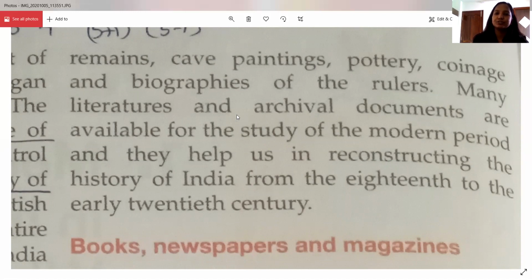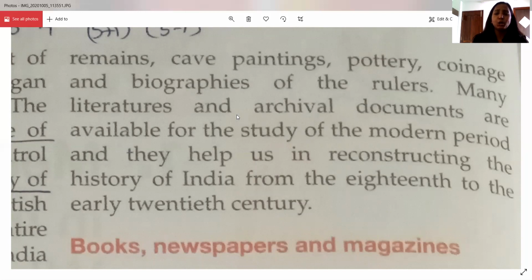However, when it comes to the modern period, there are a lot of documents available because during the modern period there were papers. Slowly, printing presses had begun by the end of the 19th century.